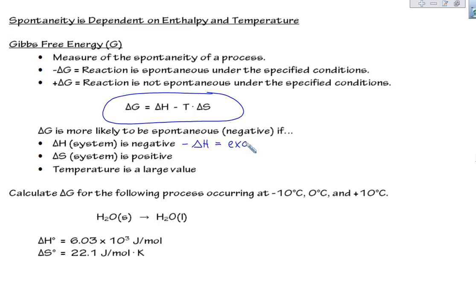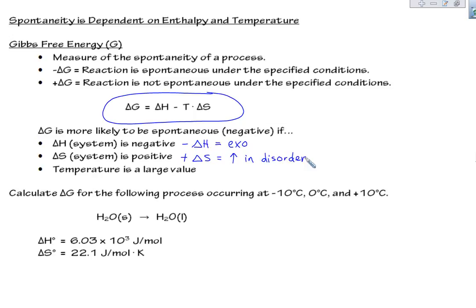Delta S was the change in entropy or disorder. We wanted that to be positive delta S. That meant there was an increase in disorder. And that also meant that the reaction was spontaneous.